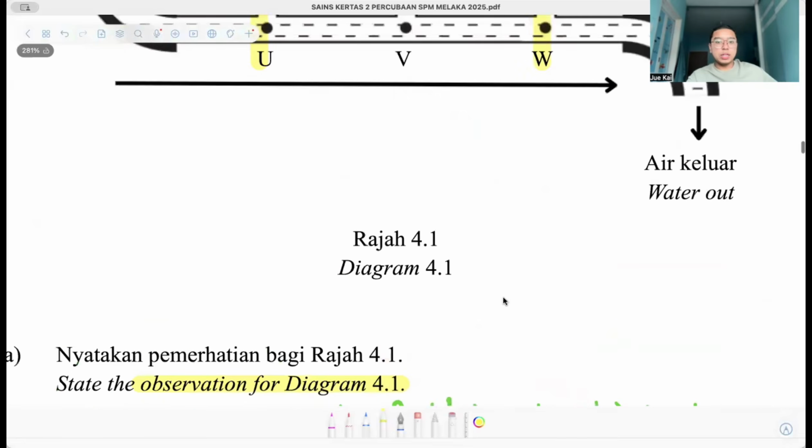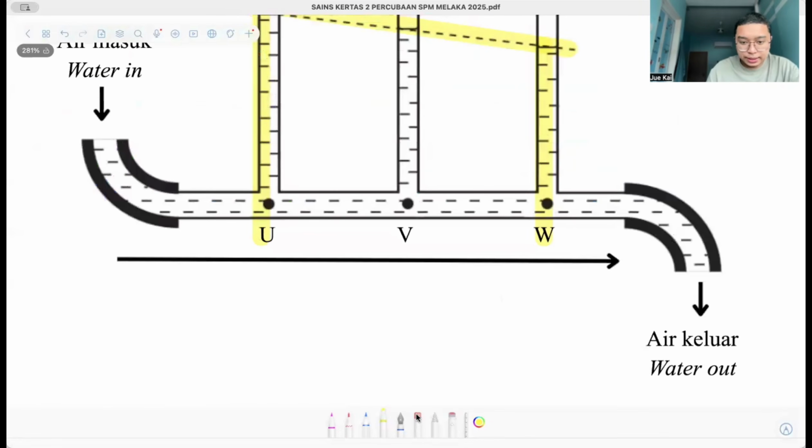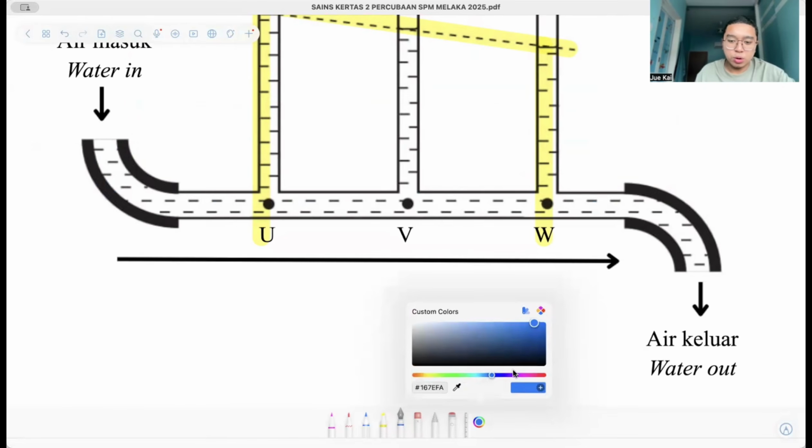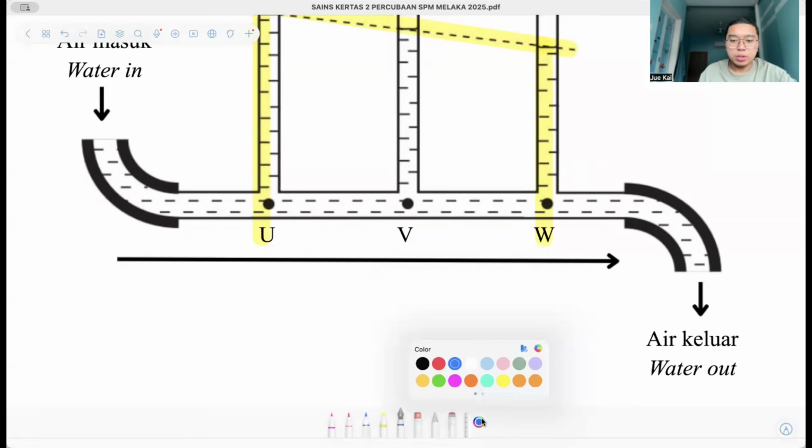Let me tell you the concepts. Let me check whether there is color or not. Let me change this one. Why do they look exactly the same? Wait, let me delete.